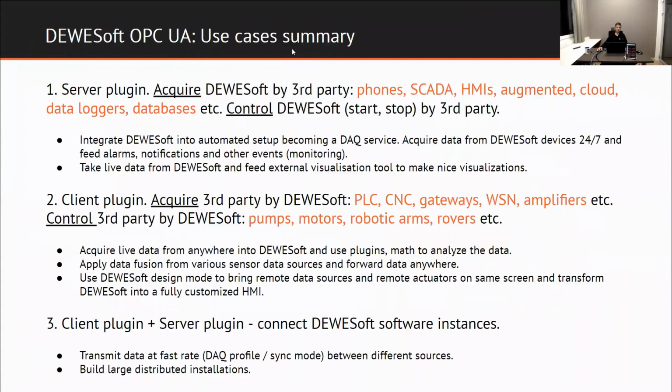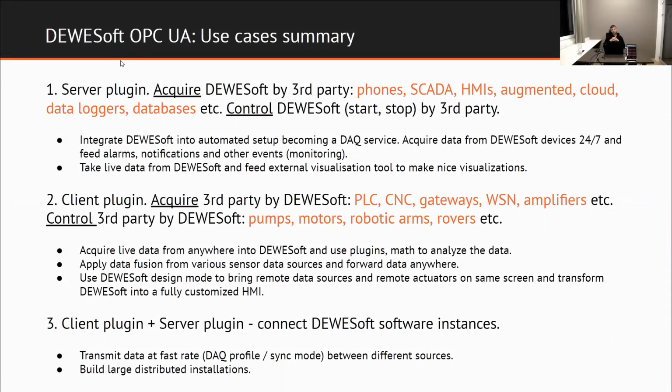And let's summarize some possible use cases. There are three combinations. You can use server plugin, you can use client plugin, or you can combine both. So with server plugin, you can acquire data from third-party devices like phones, SCADA, HMI, and so on.